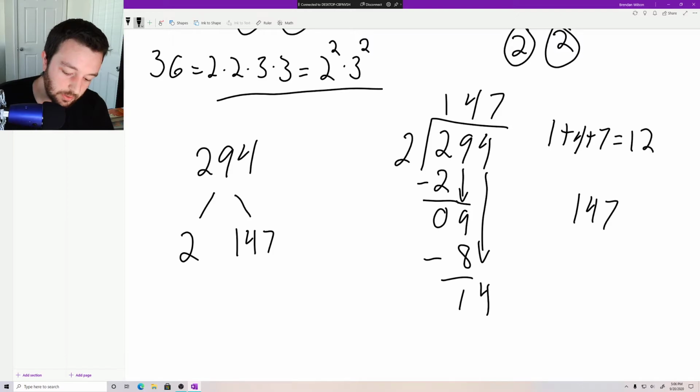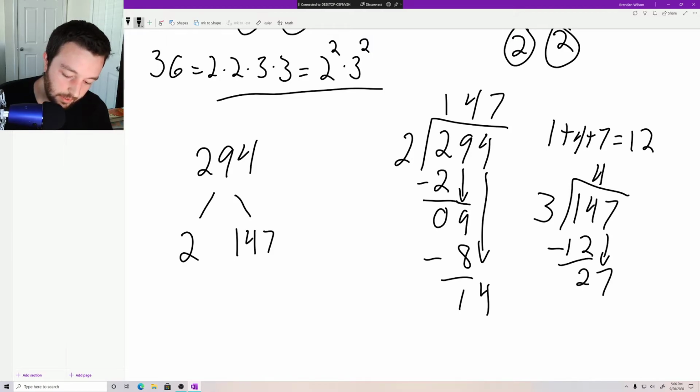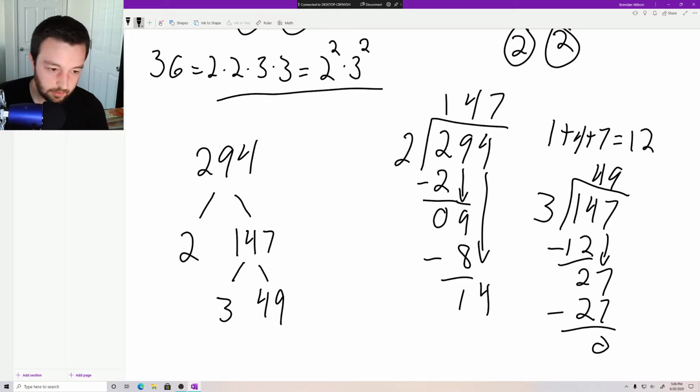So now we have to do some long division correctly, hopefully this time. And this is 4 minus 12 is 2, 7. 3 goes into 7, 9 times, 27, 9 times. Okay. So we get 49. By the way, we were done with 2, so we could circle it.